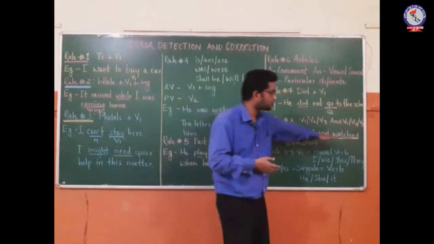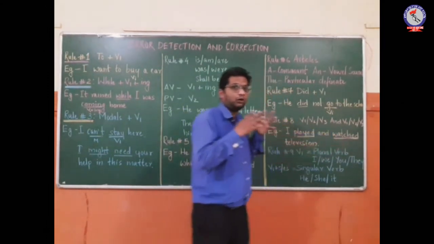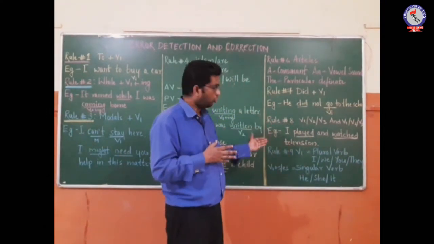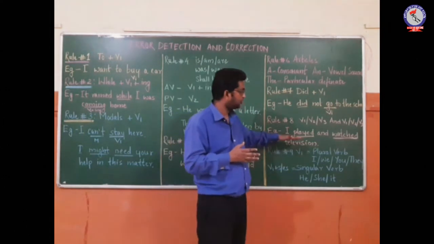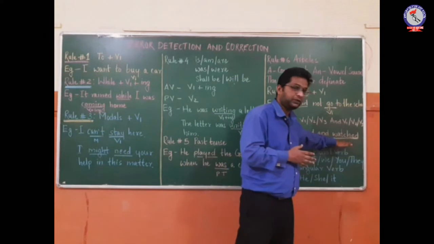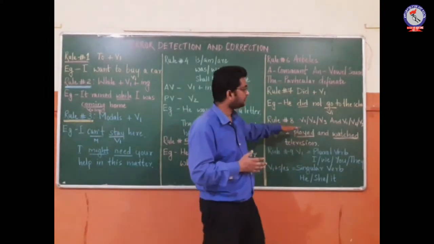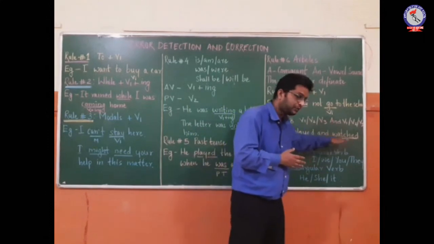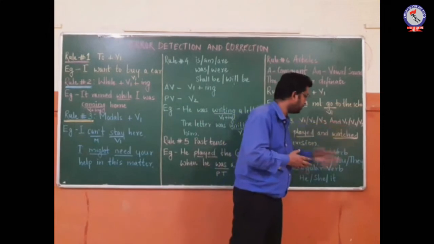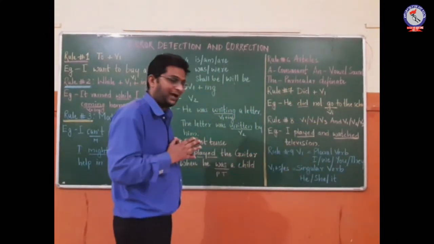So if we change the word here to "watch," that will be grammatically incorrect. So, if it is first form, after the conjunction it will be first form. If it is second form, after the conjunction it will be second form. If it is third form, after the conjunction it will be third form. So always keep this in your mind.